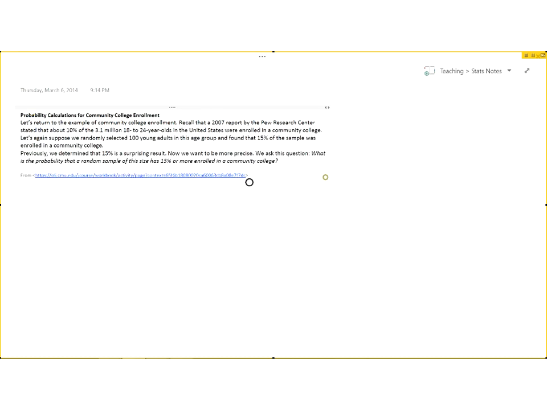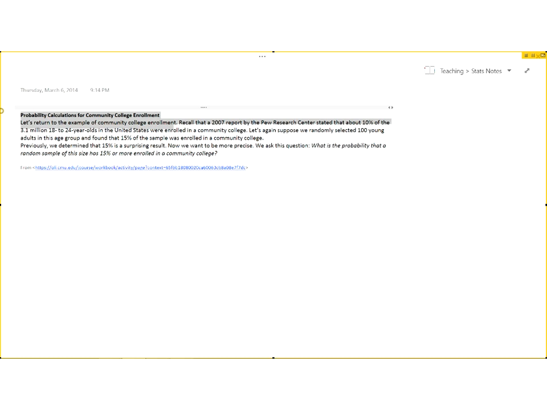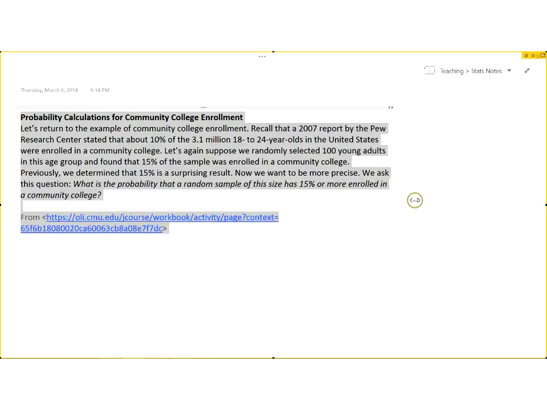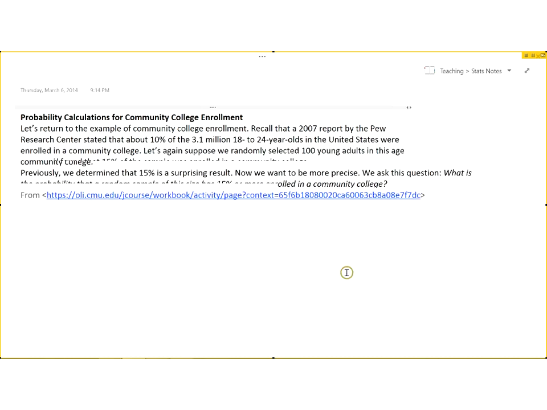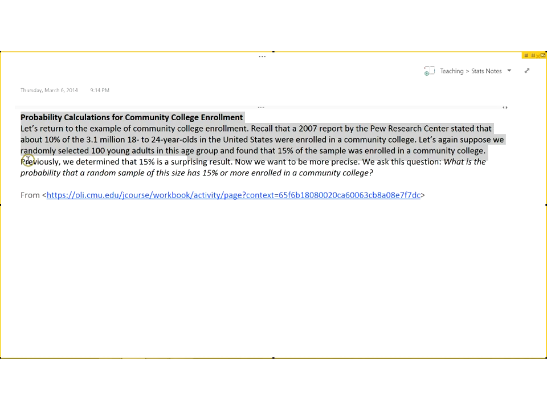I'll make it a little bigger. There we go. Hopefully that's legible on your computer screen.